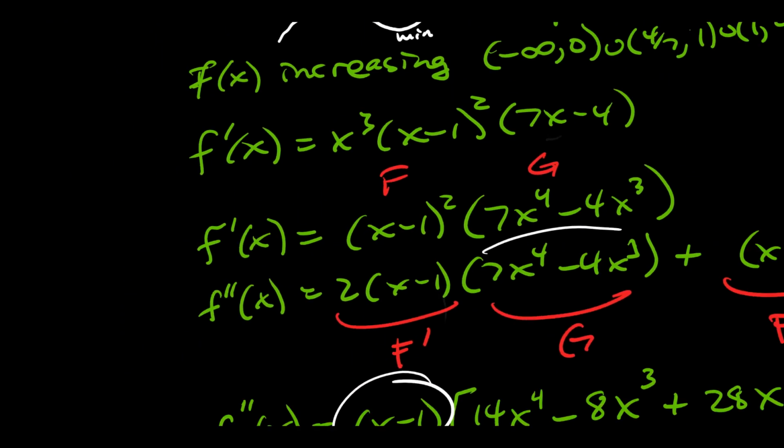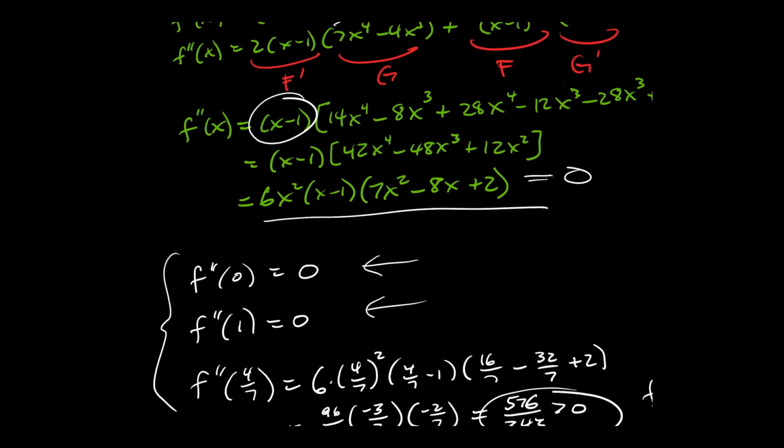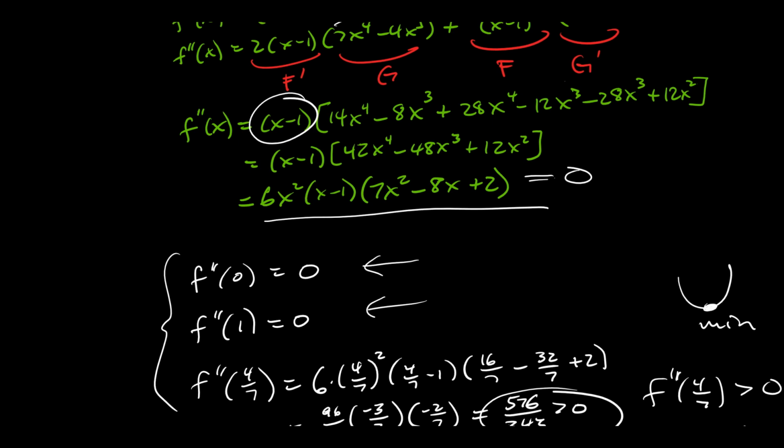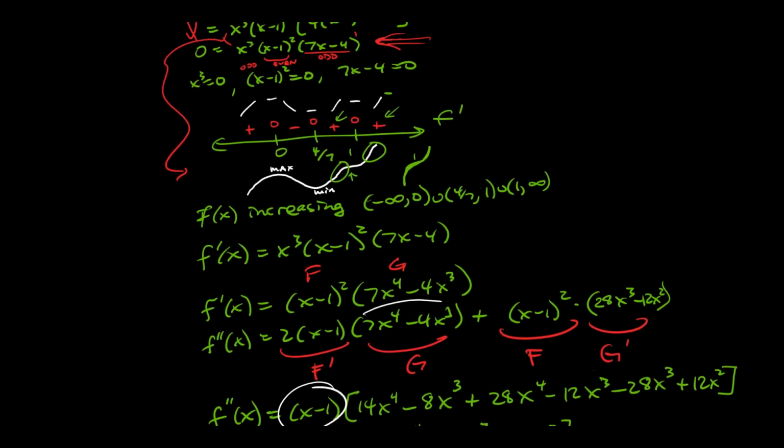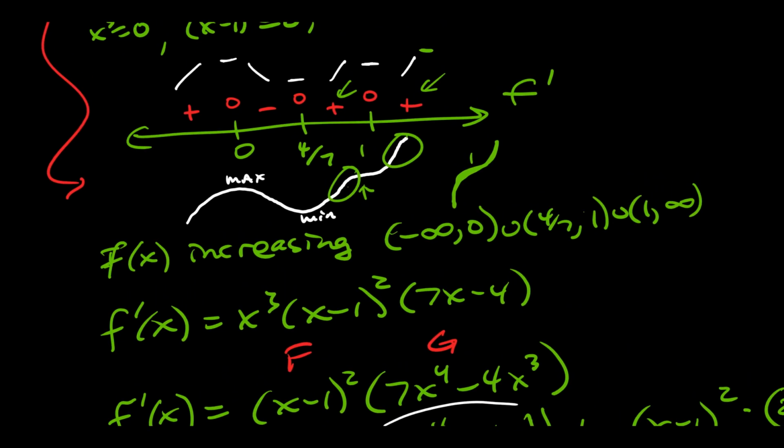If the second derivative gives you a number which yields 0, like right here, there's a good chance that that's going to be an inflection point. All right, so the bottom line is the first derivative told us more about the graph than the second derivative did.